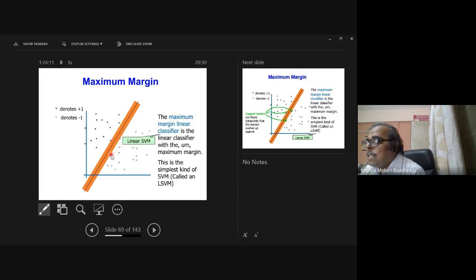So these are the nearest samples. This is the nearest sample here. The nearest samples belonging to the opposite classes, how far are they from the boundary? The more the distance of the nearest samples from the boundary, the more margin I get. This is the principle of the support vector machine.